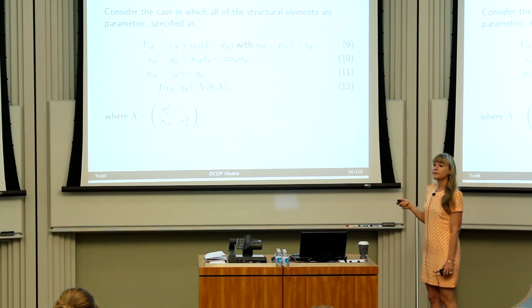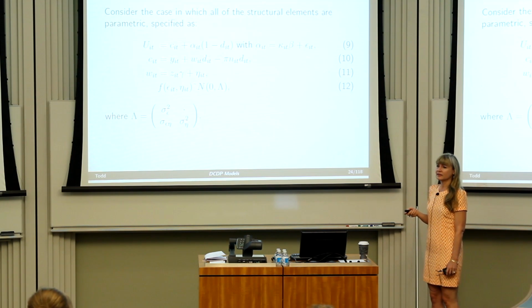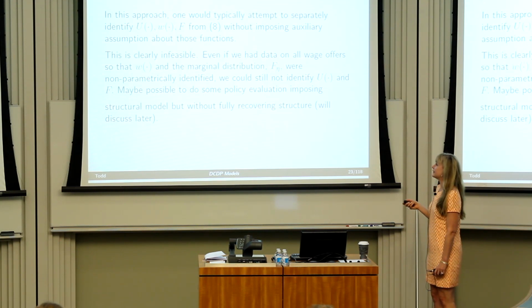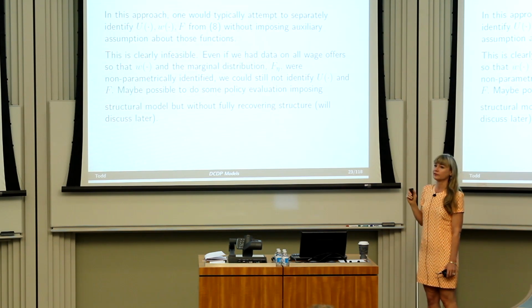Petra, with that last comment you made, when you say it's not feasible to fully non-parametrically recover all those things, is that a statement about identification, or is that a statement about working within the constraints of a finite sample? No, it's identification. It wouldn't be possible to separate out utility without making any assumptions on the functional form.